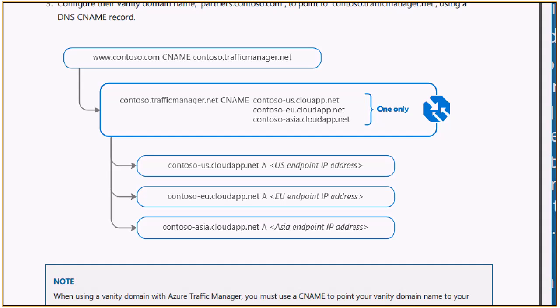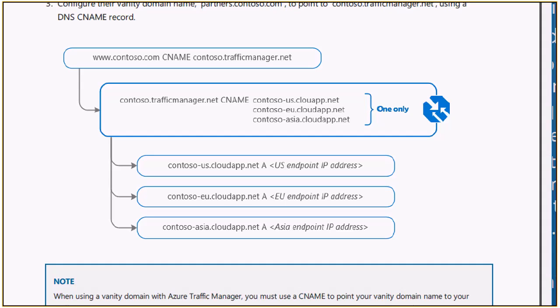Sure. Suppose in this other diagram you configure contour.com, and the CNAME would be contour.traffic.manager.com or AzureAG.com, and then you put all the sites, the 3 different sites, into the Traffic Manager and configure it.